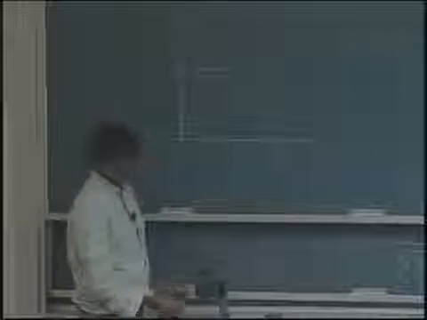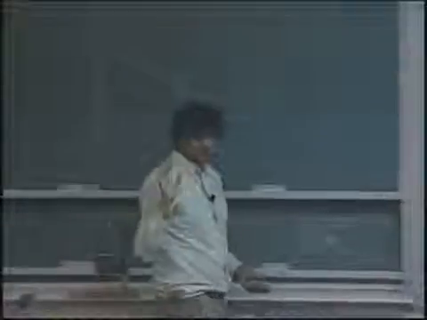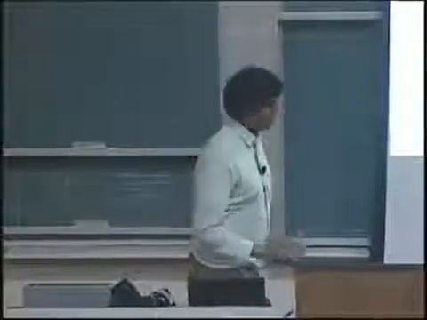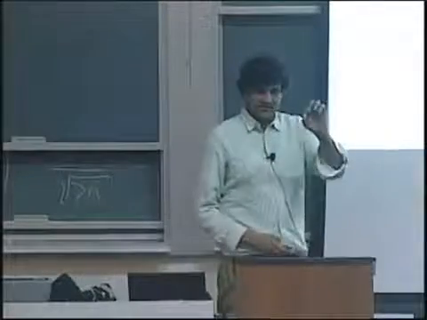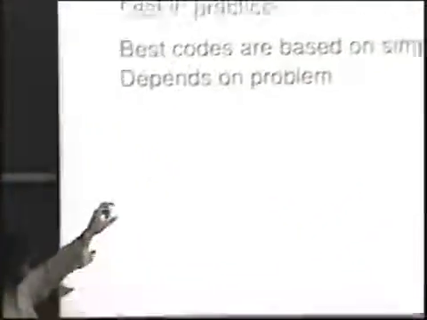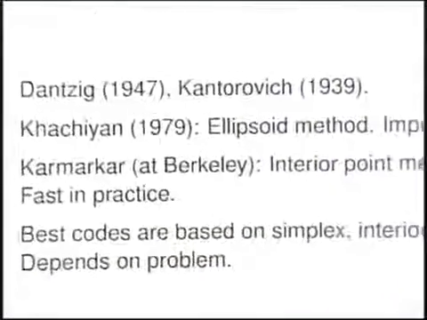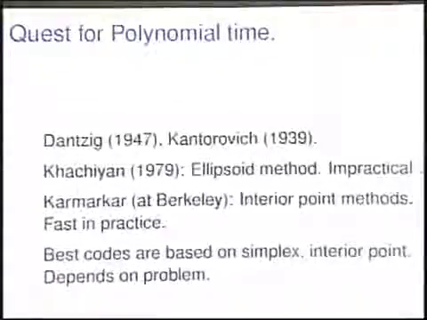Oh, I'm too close to the boundary. Oh, now it wants to stay away from the edge. Oh, I'm about to go out. Okay, no. That's what the interior point does. And you can work out the details yourself. So it's fast in practice. So the best codes these days are either interior point or simplex, depending on the problem.